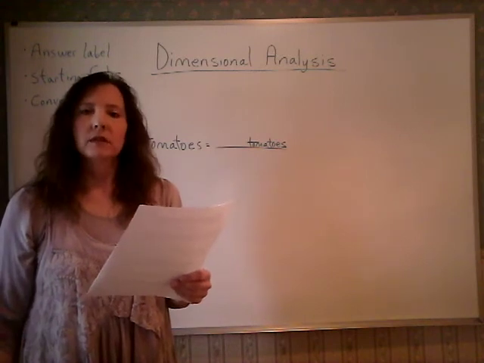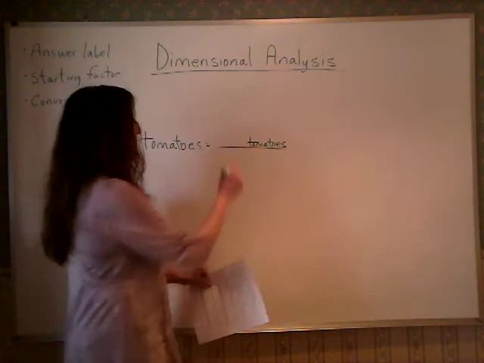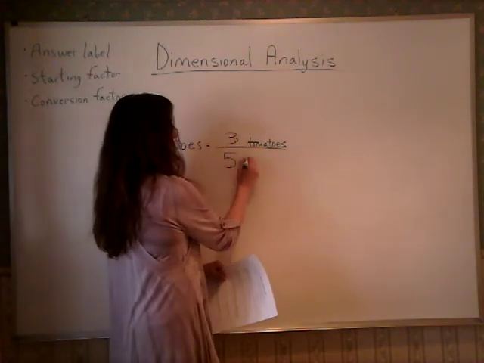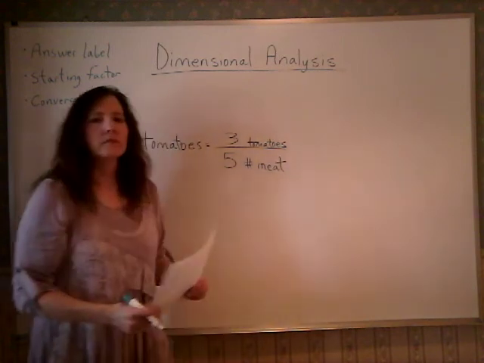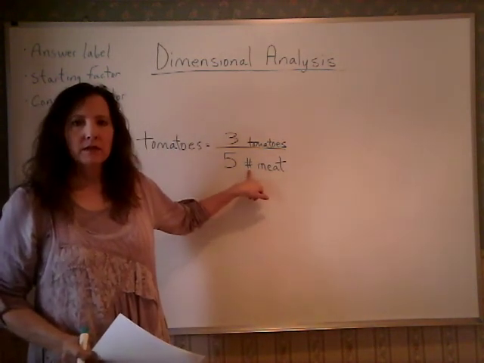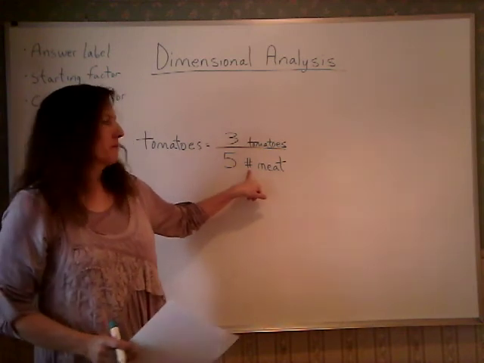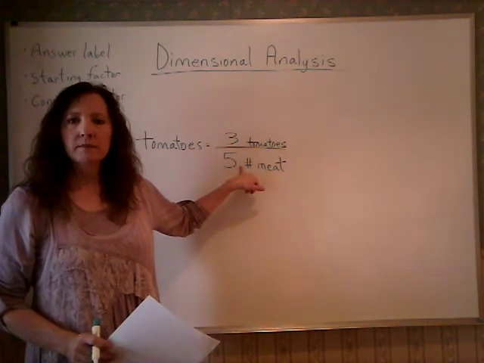Well, 3 tomatoes are for every 5 pounds of meat. I use the hashtag for pounds instead of putting LB because the L could be mistaken for a 1.